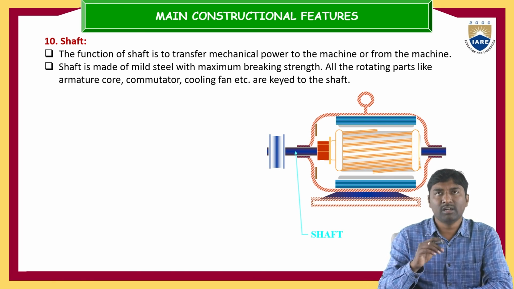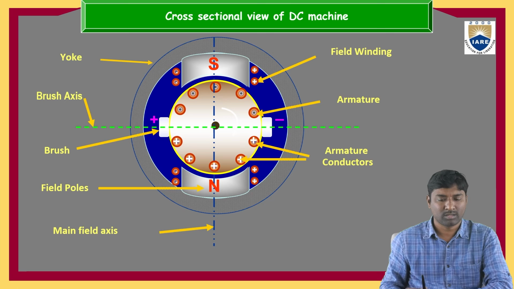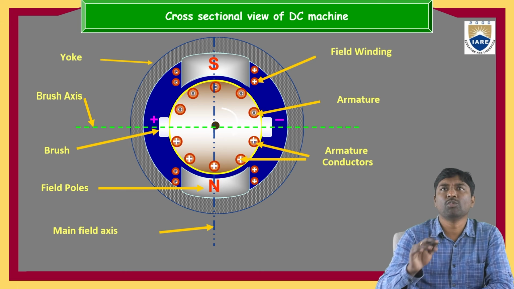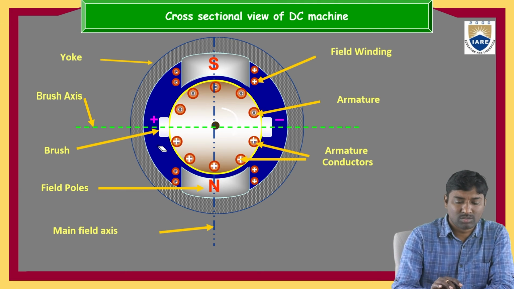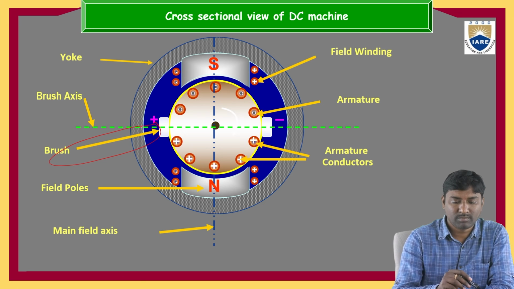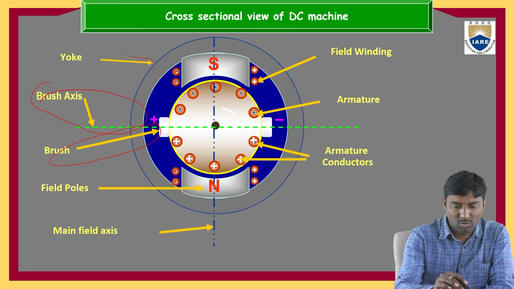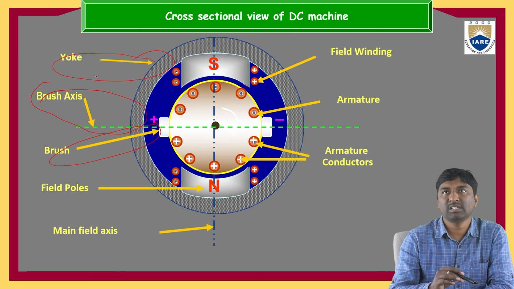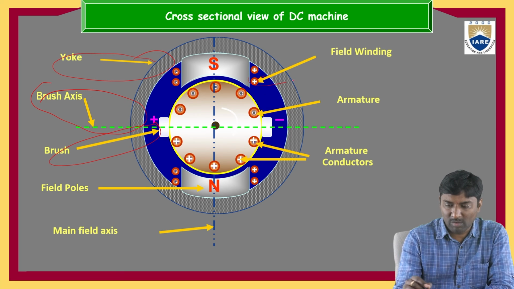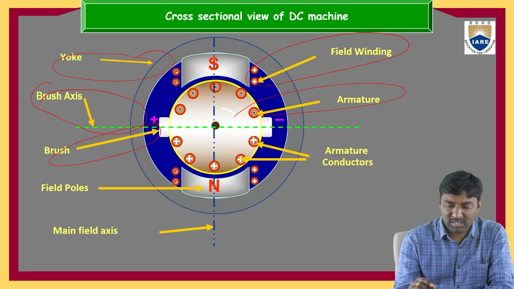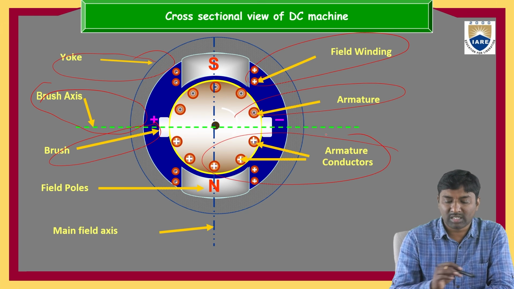So we'll see the overall diagram now. This is the overall cross-sectional view of the DC machine. This is the brushes, and this is the brush axis. This is the yoke or upper part of the DC machine. These are the field windings. This is the armature and the armature conductor.